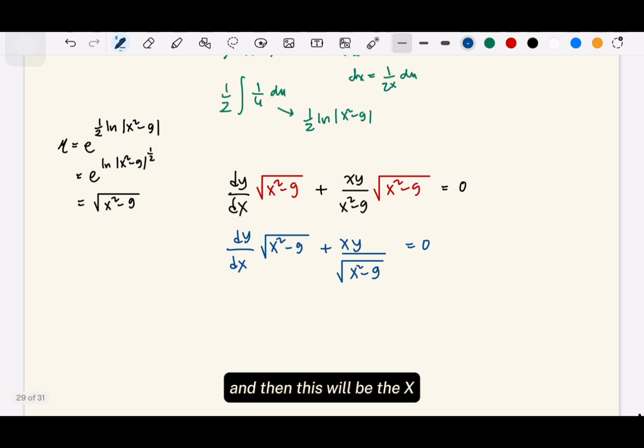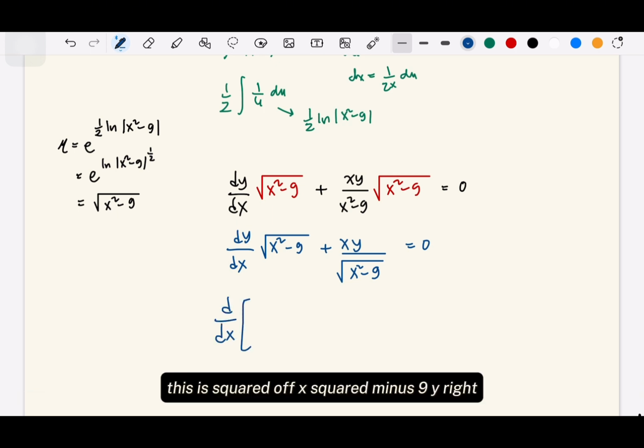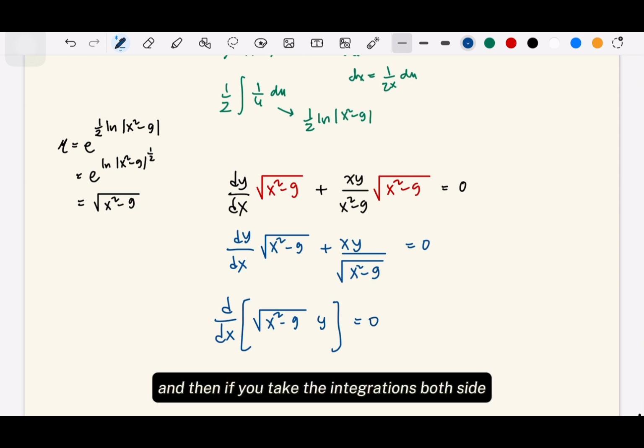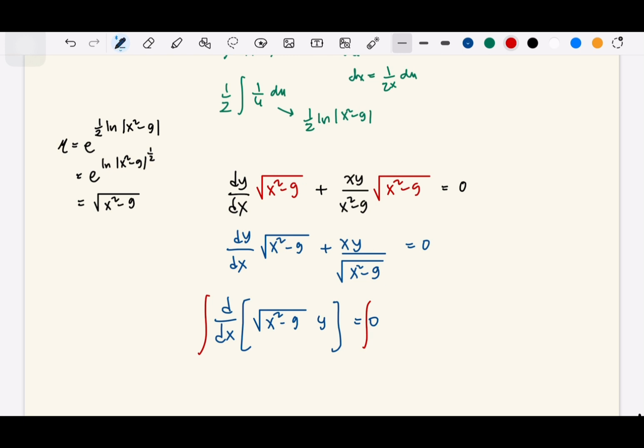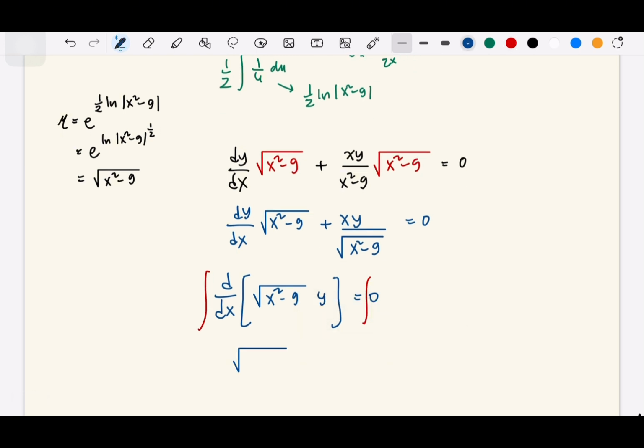And then this will be d dx of the square root of x squared minus 9 times y, right? And then if we take the integrations on both sides, this will give you a constant, right?